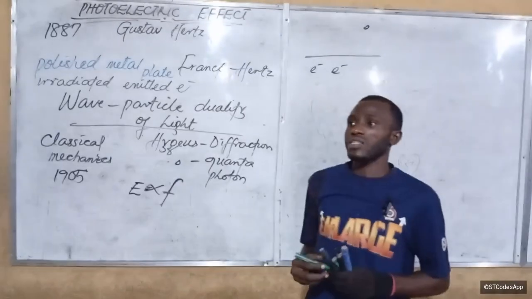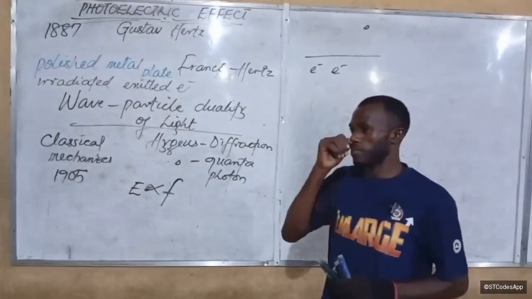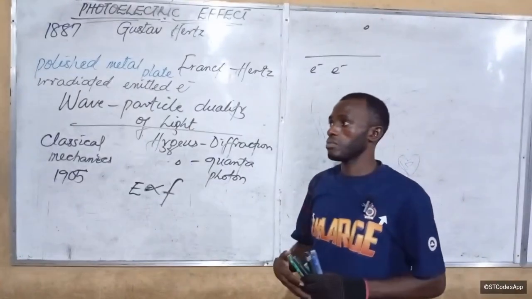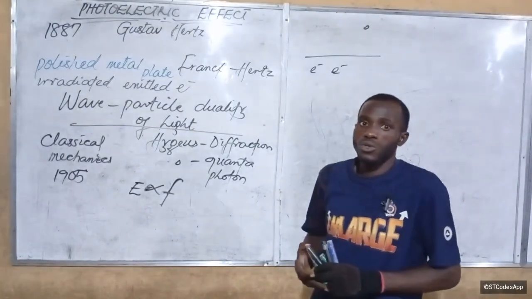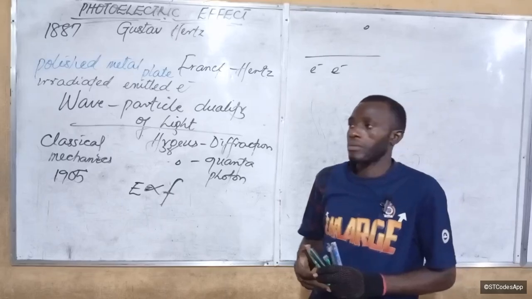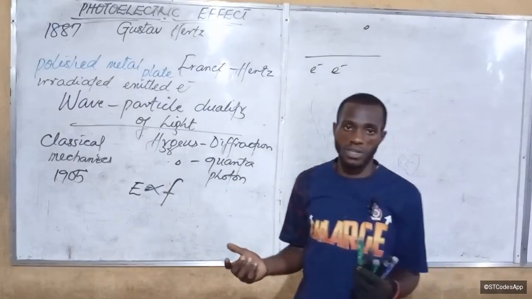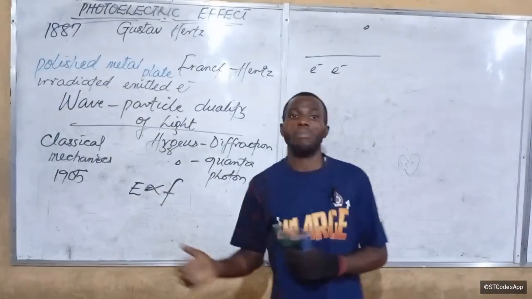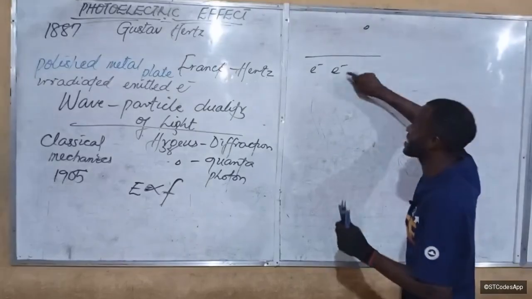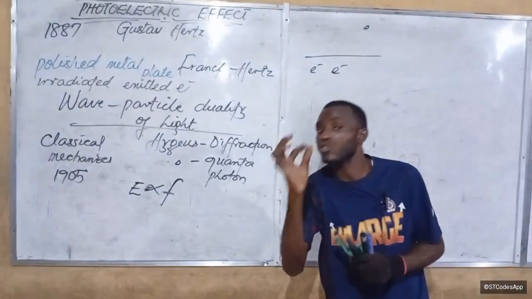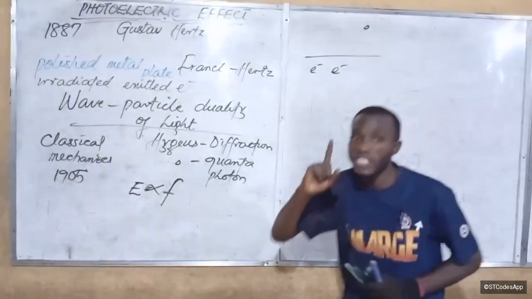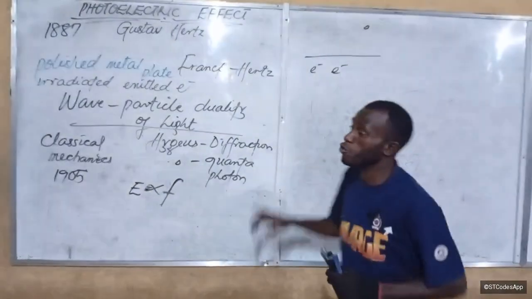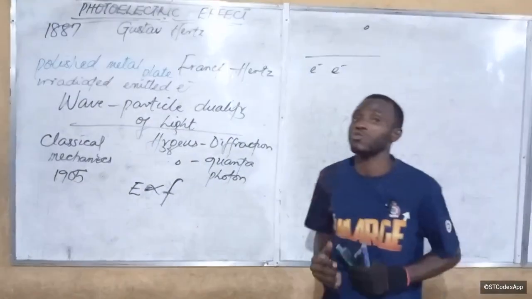Is that okay? It's just like in a toll booth, for example: there's an amount that you must pay to be allowed to pass. So there's a particular amount of energy that these electrons needed to be ejected. If they don't have that amount of energy, electrons will not be ejected.